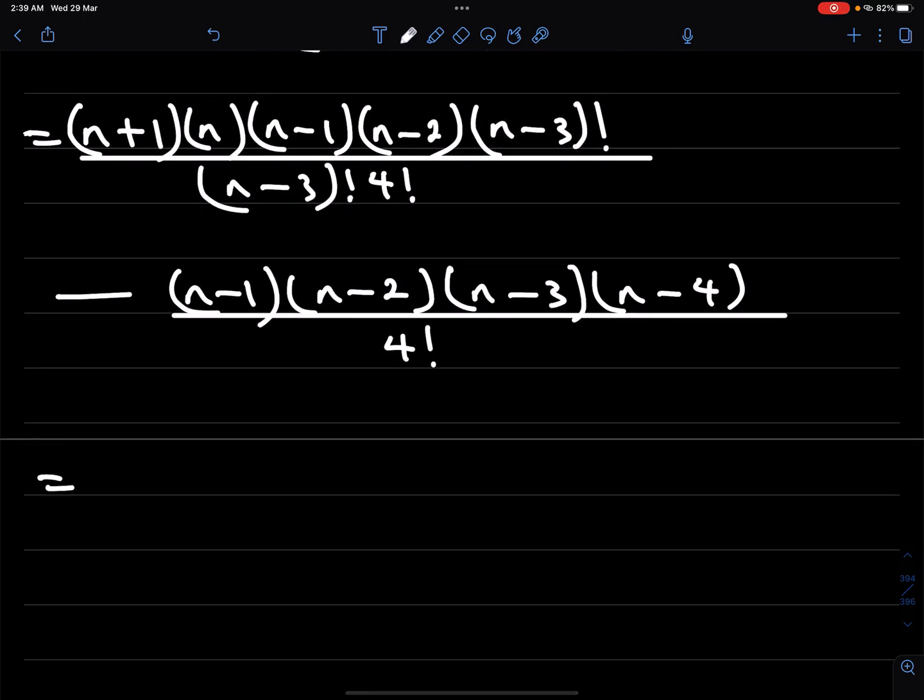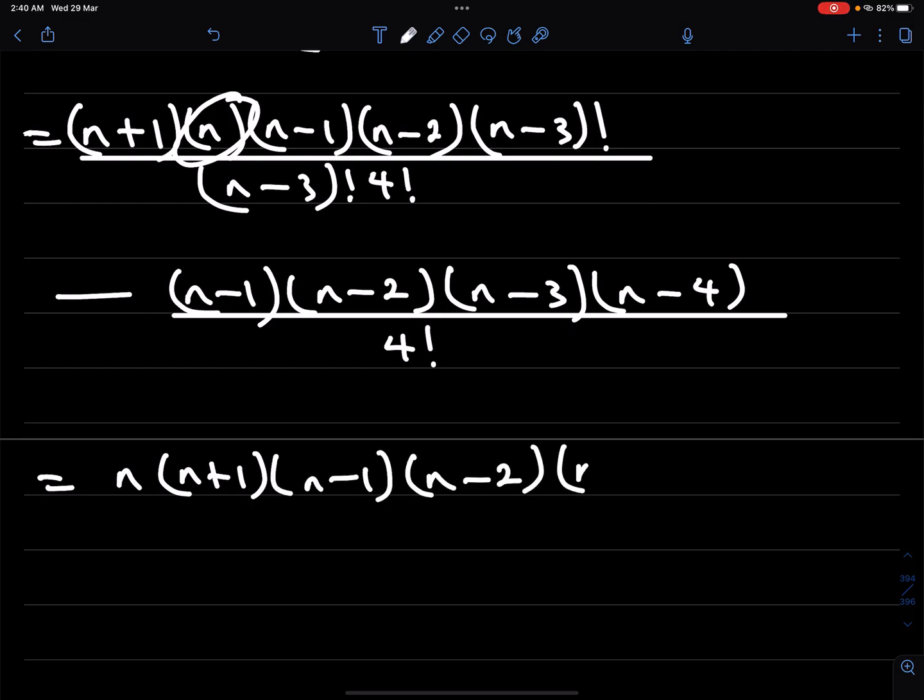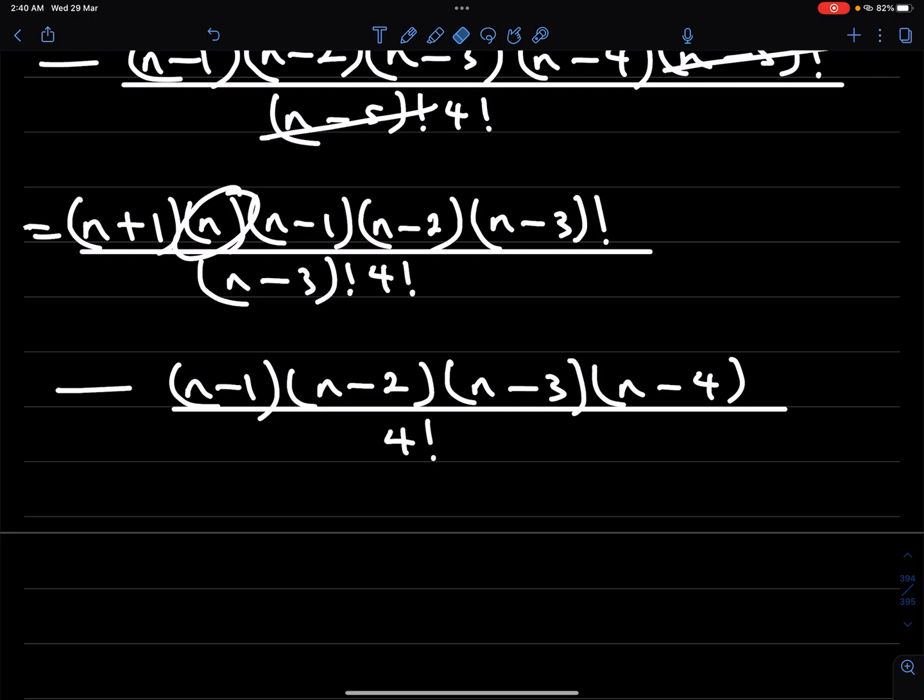So that's equal to n, let me write n first, n times n plus 1 times n minus 1 times n minus 2 times, should I be writing or cancel? I should cancel first.